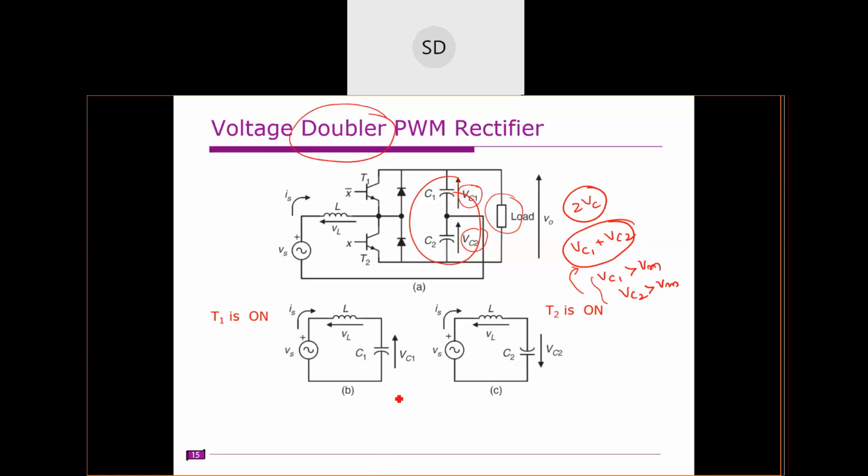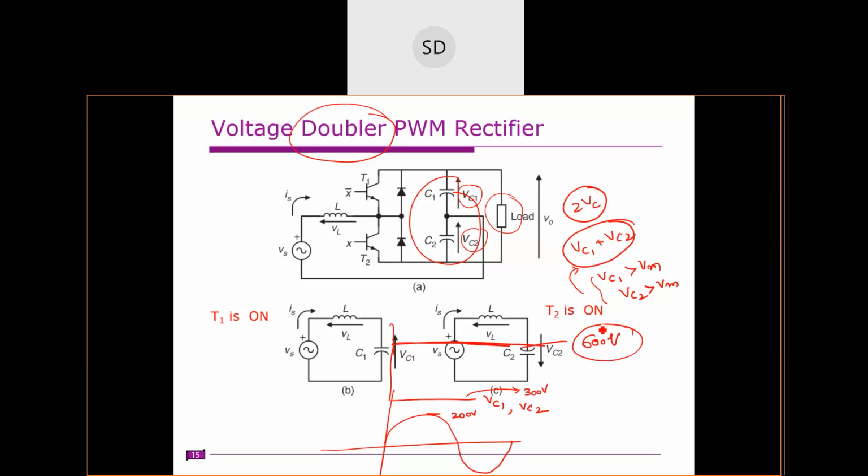In a simple example, if we keep this Vc1 at, say, 300 volts, and similarly Vc2 is also maintained at 300 volts, the overall output voltage is around 600 volts. Due to this, the output voltage is doubled, which is why it is known as the voltage doubler PWM circuit.